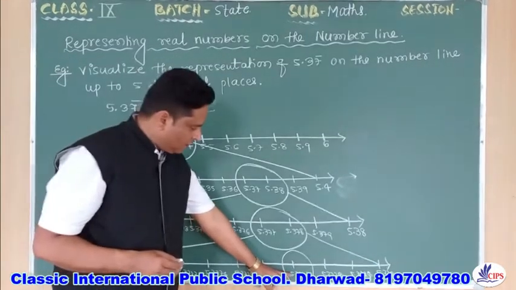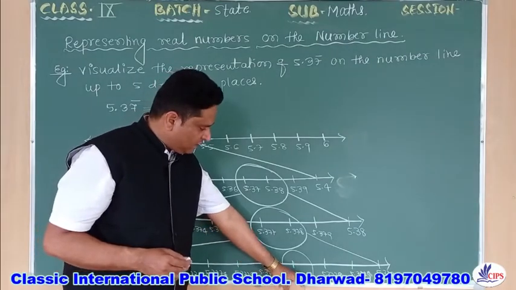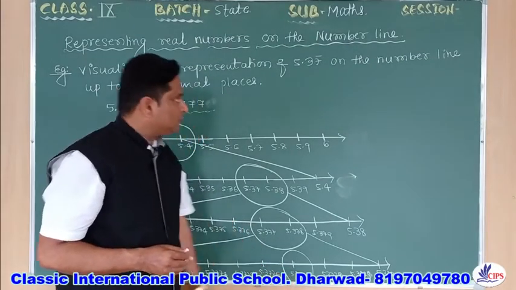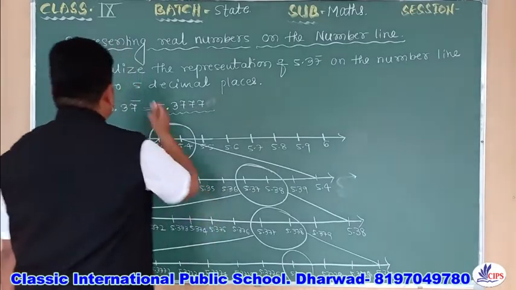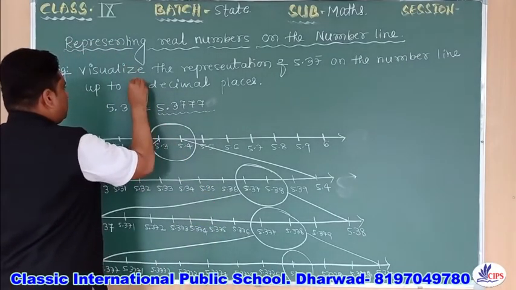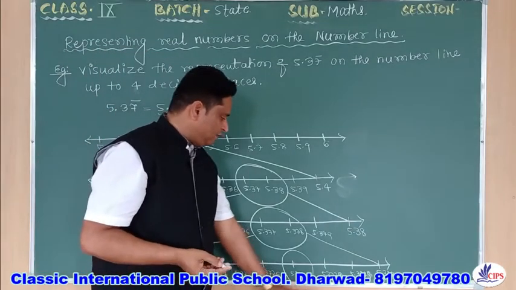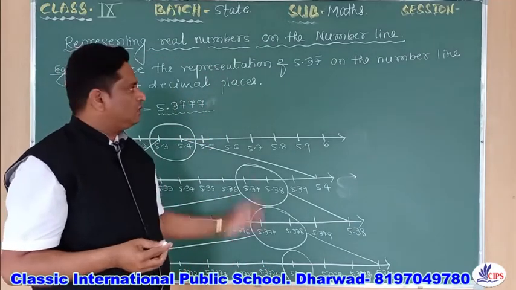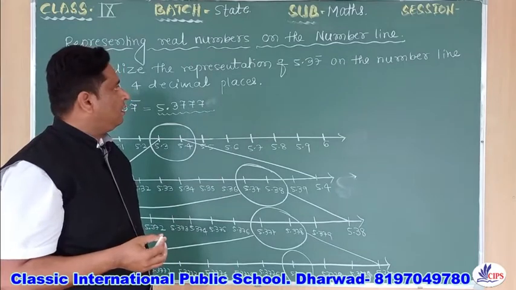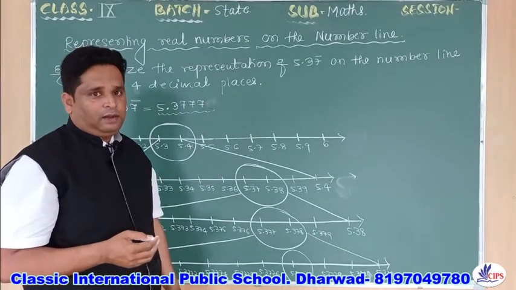So it is our 5.3777 up to 4 decimal places. Don't want up to 5 decimal places here. I'll take up to 4 decimal places. Okay, enough. 5.3777. This is how to represent the real numbers on the number line.